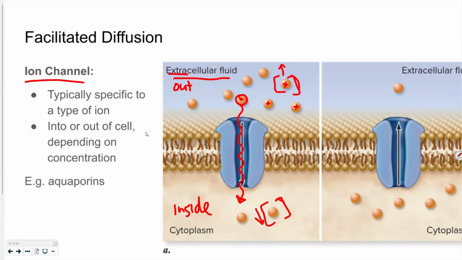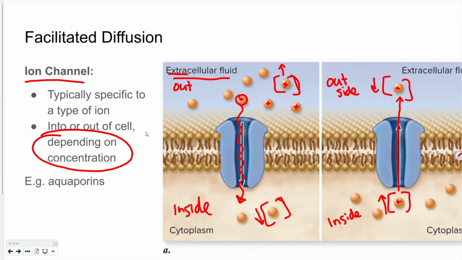In this case, what we're seeing here is that on the inside of the cell, we have high concentration. And so the ion channel is going to allow the passive diffusion of these charged particles down their concentration gradient, which in this case happens to be going outside of the cell. Okay, so it's all driven by the concentration. Where is that concentration gradient?